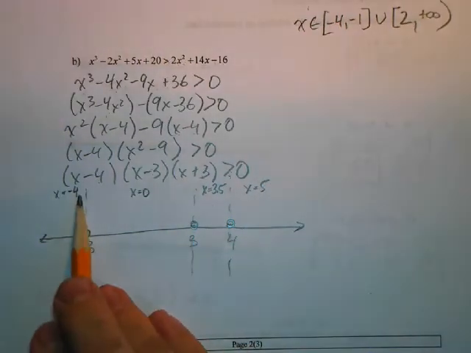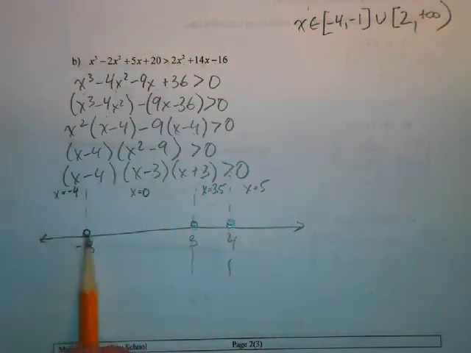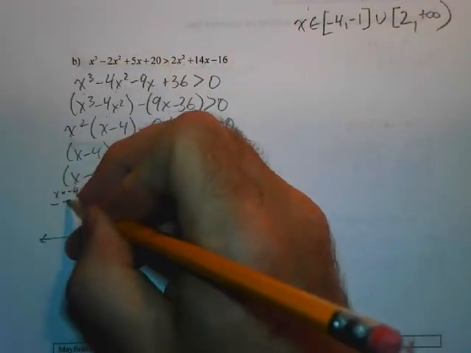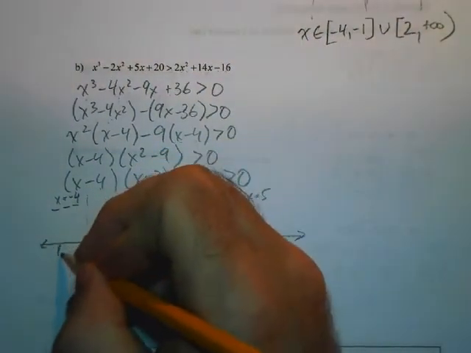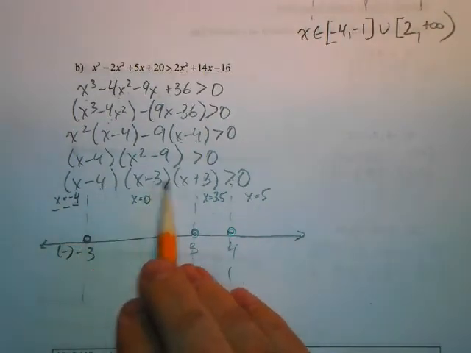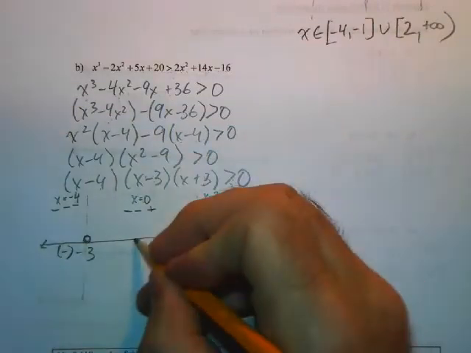And now we're going to plug these values into each of the 3 factors and get the sign of the interval overall. So -4 means that's negative, that's negative, that's negative. So 3 negatives means overall it's going to be negative. Okay, plug in 0, I get negative, negative, positive, which means overall it's going to be positive.